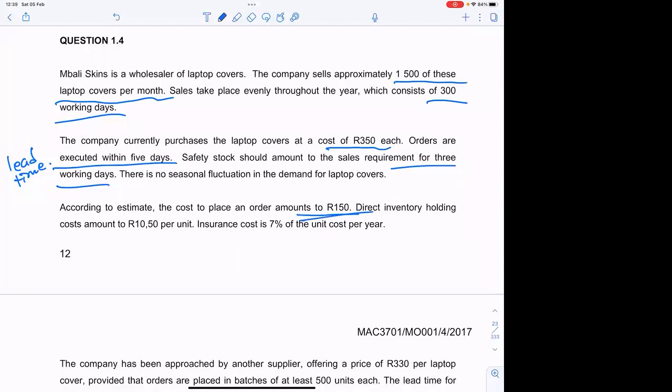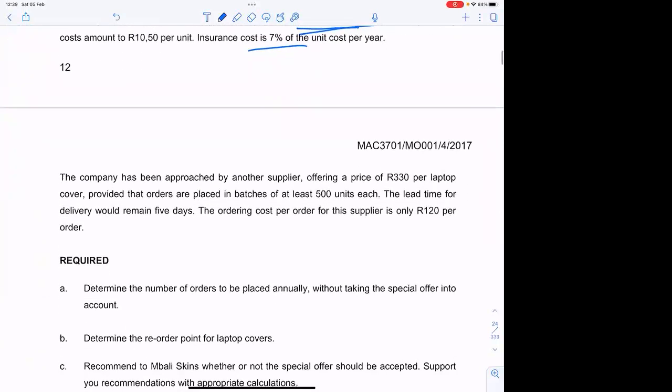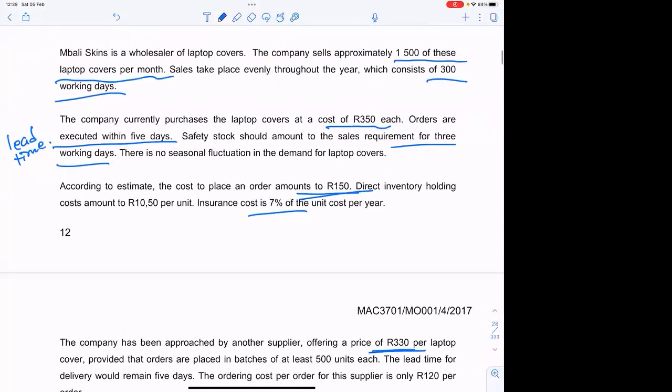Direct inventory holding costs amount to 10 Rand 50, and insurance is 7% of the unit cost per year. Now, the company has been approached by another supplier, offering a price of 330. Before they were purchasing at 350.